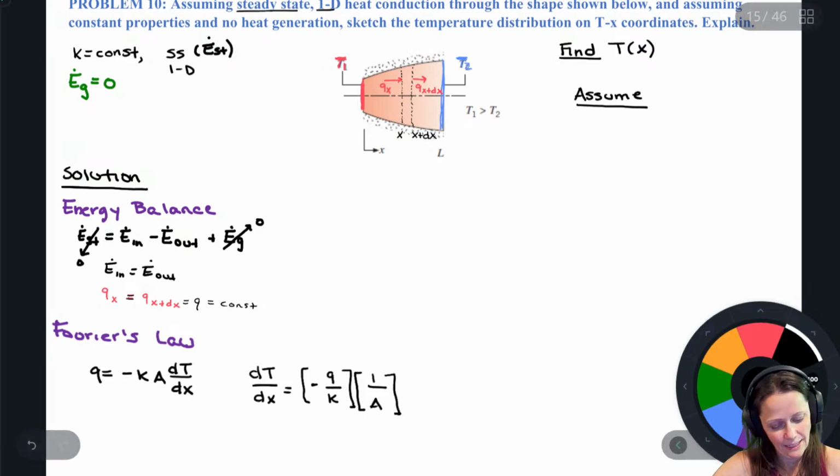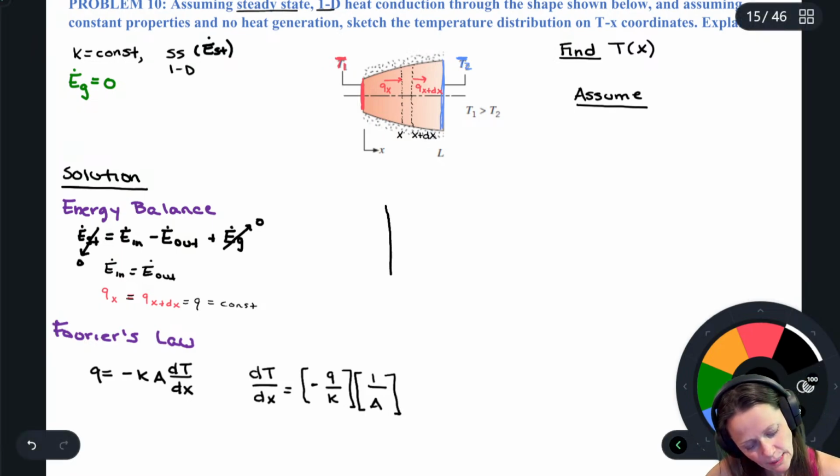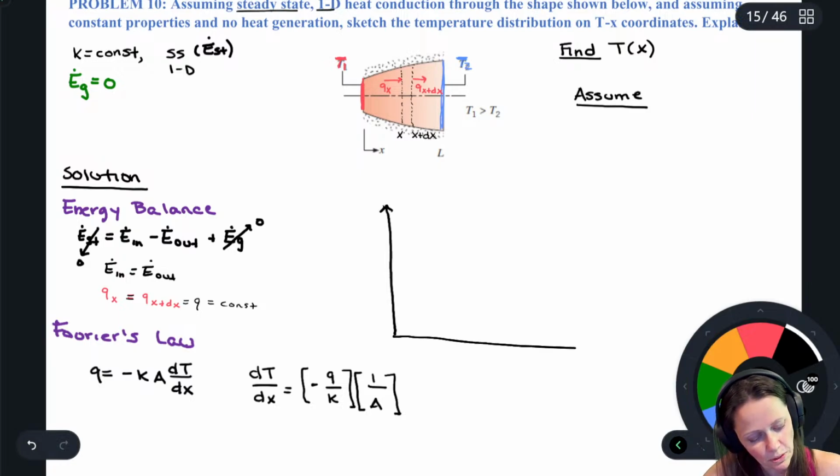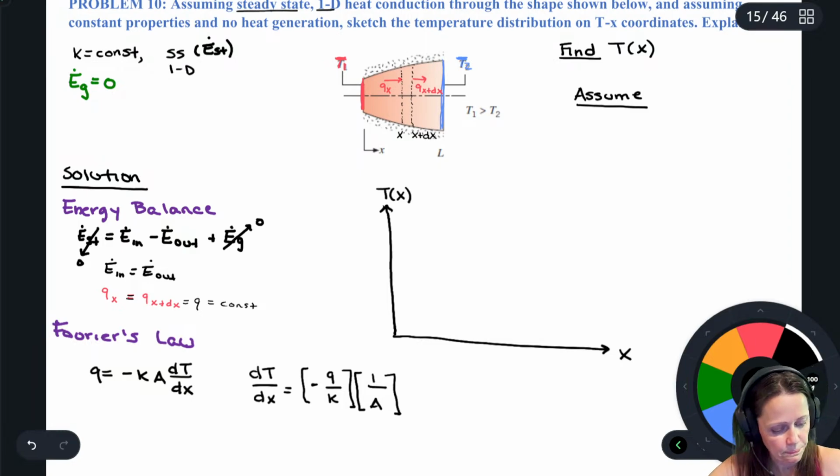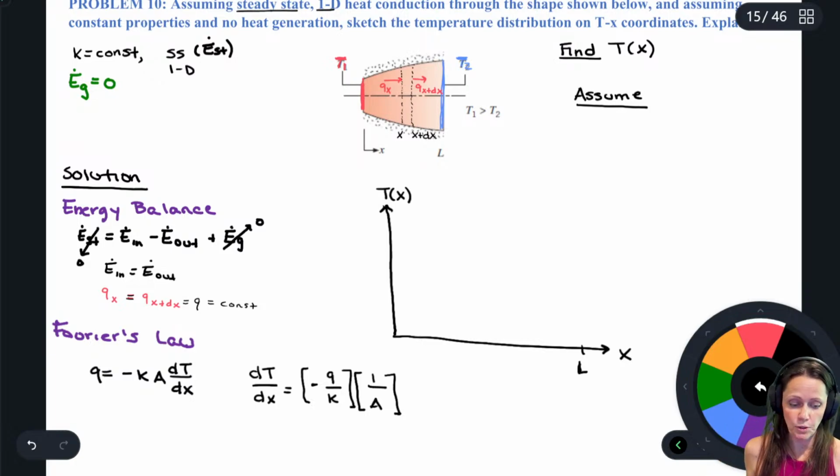Okay. And then I'm going to take a step back and at least start plotting some points here. So T as a function of x on the y-axis, and there's my x-axis. If this is x equals L, I'll have 2 temperatures that I'm looking at.